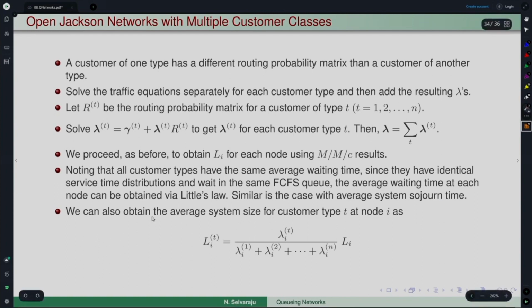We can also obtain, in addition to the system-wide one, for each customer type at each node the average system size as a proportion of this, right, because this is the ith node, tth customer type, and this is the overall. So, you can take this proportion of Li corresponding to the tth class, right. So, this is also additionally obtainable in case of multiple customer classes.